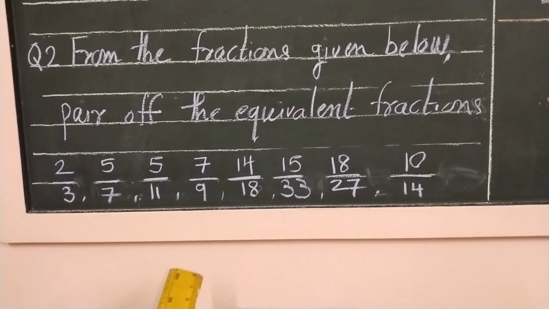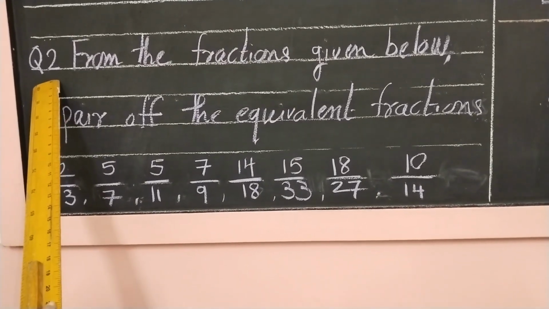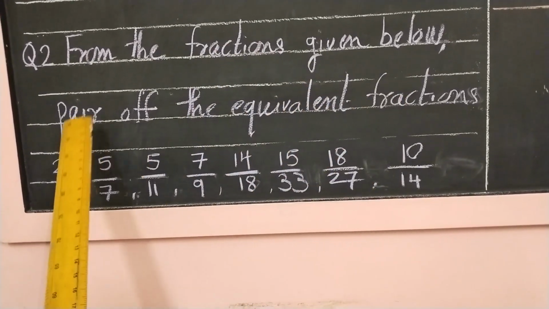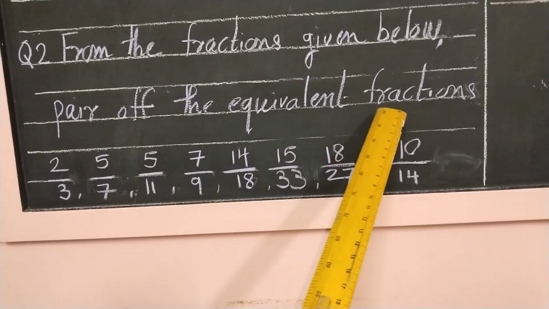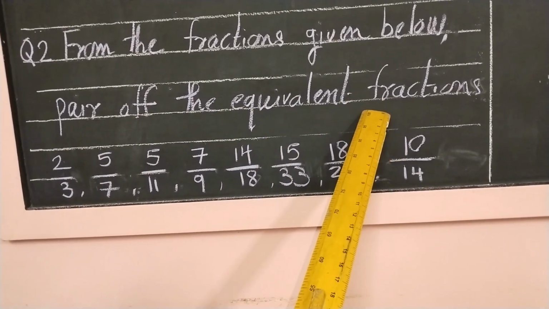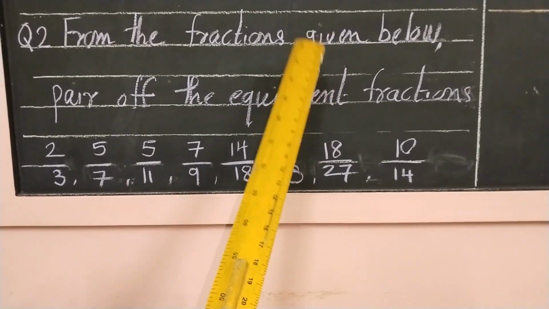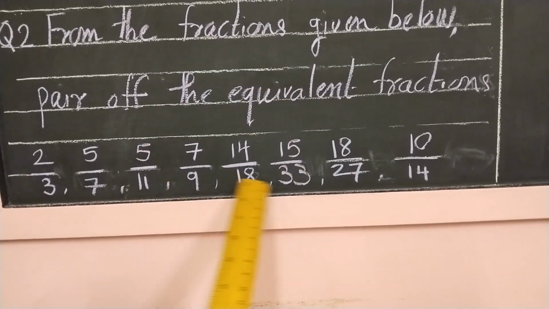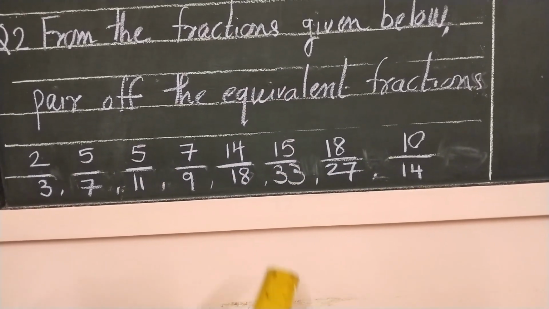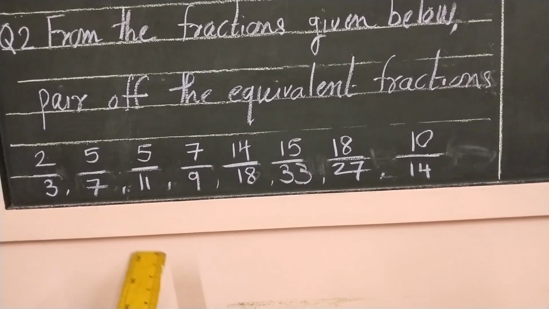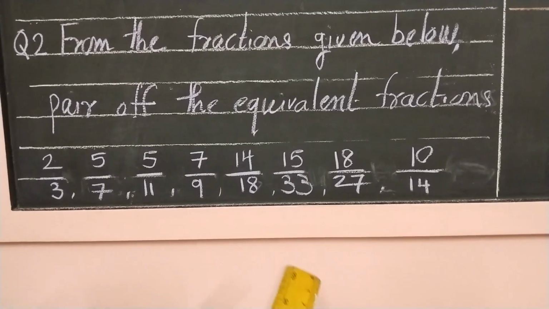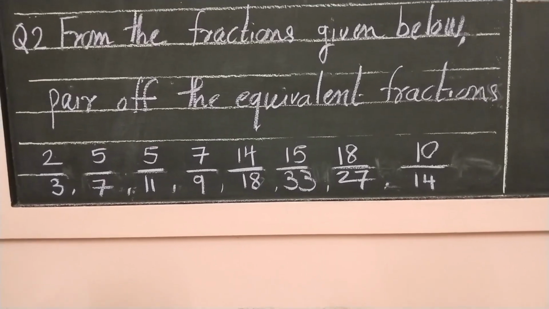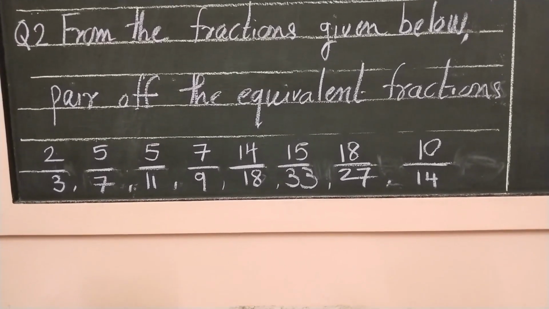Now let us finally solve question 2. From the fractions given below, pair off the equivalent fractions. First of all, try to understand the meaning of what they are asking us to do. They have given us so many fractions here, and for every fraction there is another partner, a जोड़ीदार, and that partner we have to find out.